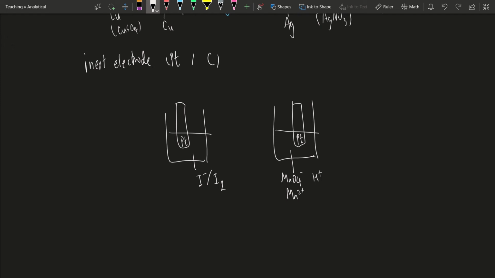It just acts as the electrical conductor, that's it. And then once you have two half cells, again you can just put the electrical wire and then the salt bridge. I'm just gonna draw something like this as a salt bridge. So this is your half cell of the inert electrode.